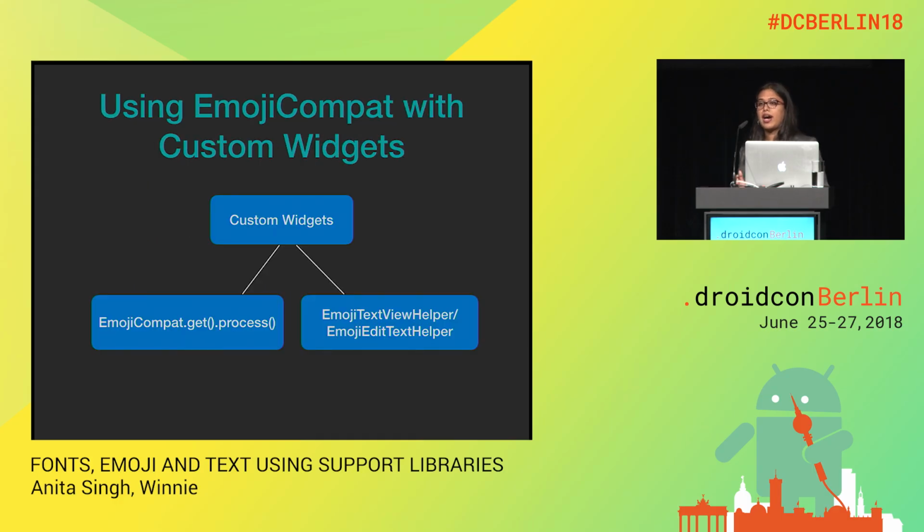But what if you have other widgets, like let's say TextInputEditText that you want to render an emoji? Then you can use something called EmojiCompat.get().process, or if you have a custom text view or custom edit text, you have these helper classes called EmojiTextViewHelper and EmojiEditTextHelper. I'm going to go over the first one right now, and I've included code samples for the second one in the slides.